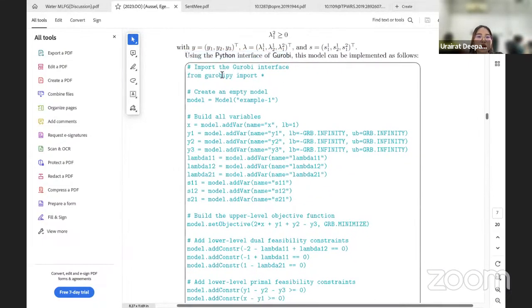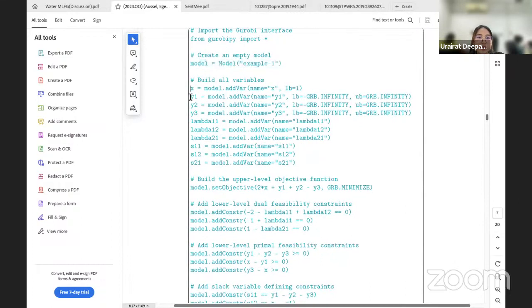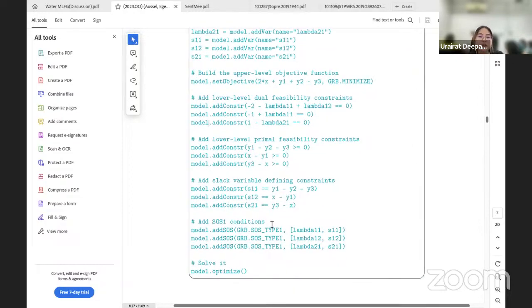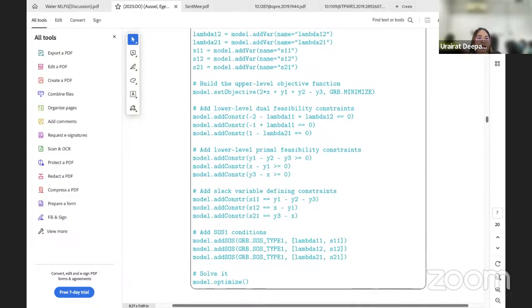We import Gurobi and set up the model, setting the variables y1, y2, y3, and the parameters lambda 1, 2, 3, and the variables S1, S2, S3. That is called by this algorithm. That is all for now; I have finished the presentation.